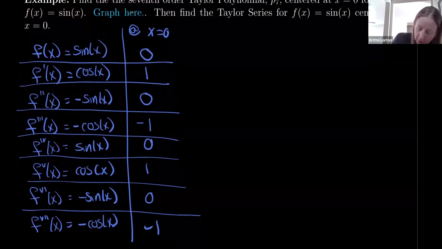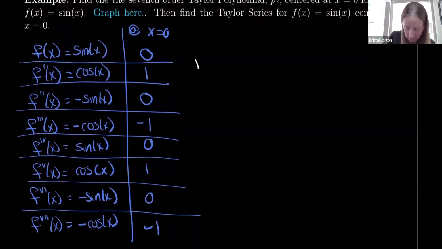Okay, and then I'm going to write out what the Taylor polynomial is. So I'm going to run out of space, so it's going to take up some space over here.